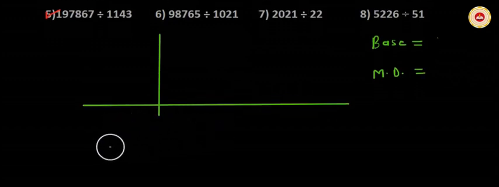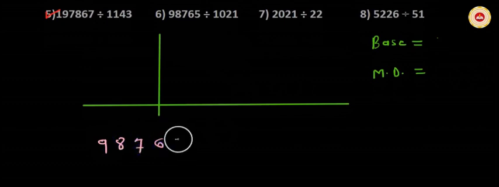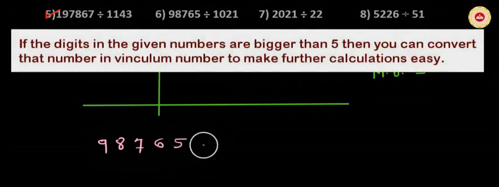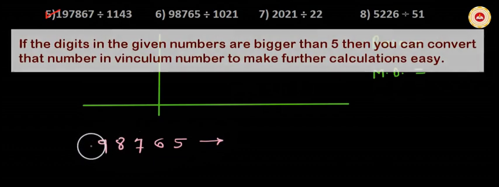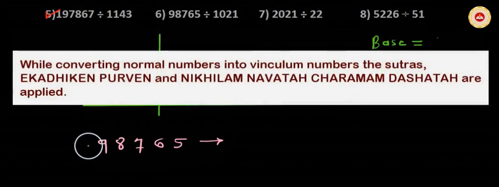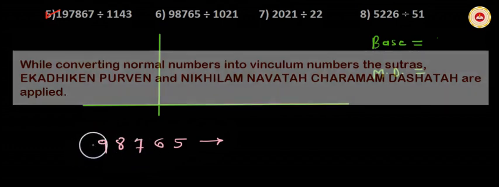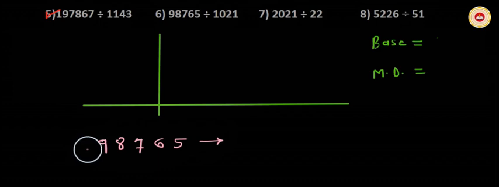Okay, so 9, 8, 7, 6, 5. 98,000 765. Now let us convert this into vinculum number. See, ekadhikena purvena: the digit which is previous to bigger digits, the value of that digit should be increased by 1.